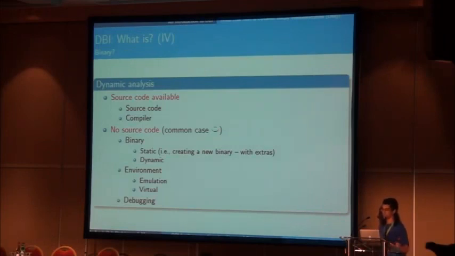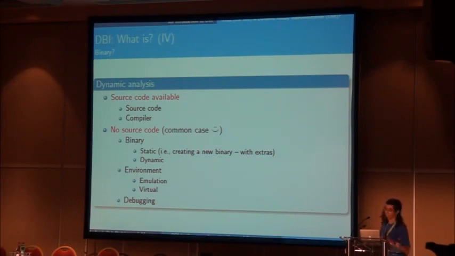Either if we have the source code, we have two choices. Maybe we can instrument somehow the own source code by adding our tricks. The compiler can do it for us, or by us. If we don't have the source code, that is more or less the common case, we can either instrument the binary in a static way.